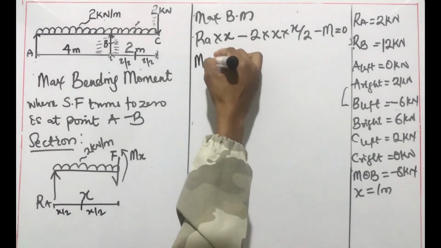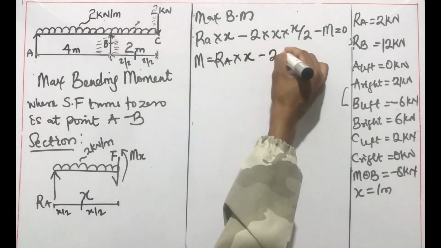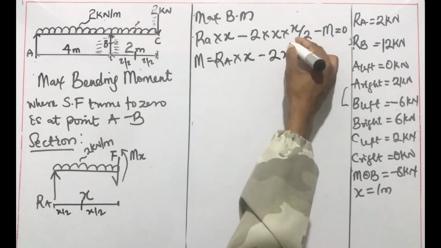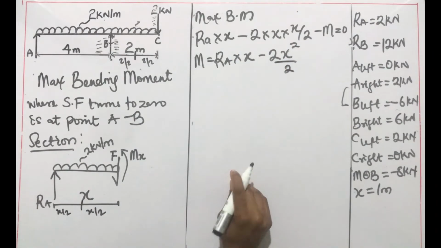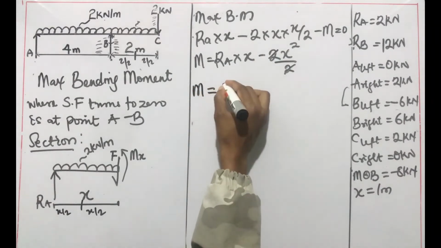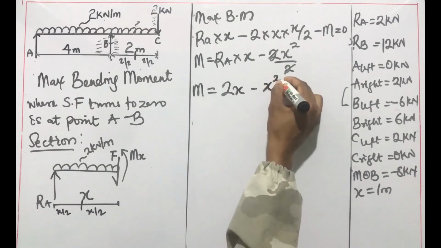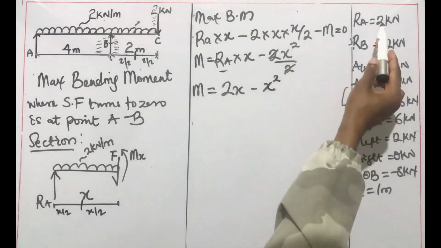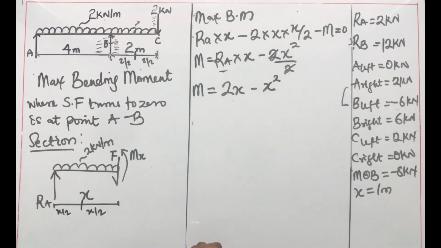Now make moment the subject of the equation. We have RA x minus 2 times x over 2. So this is our equation for the bending moment.